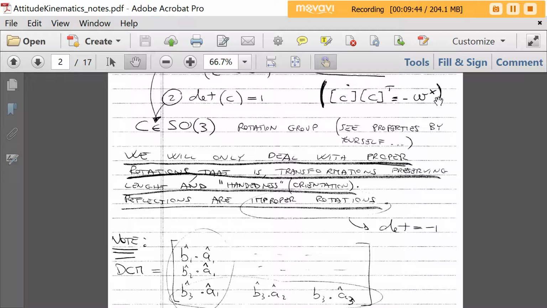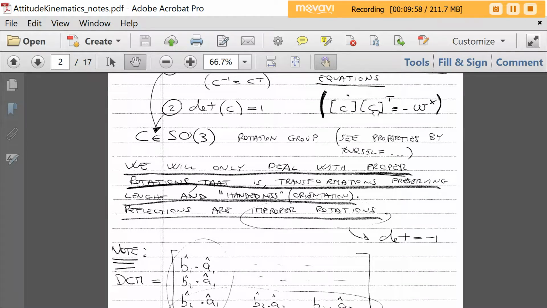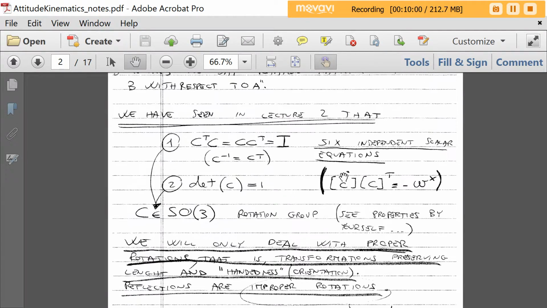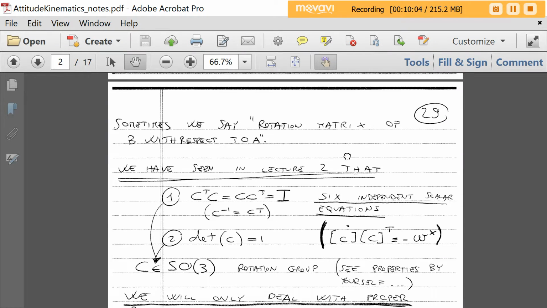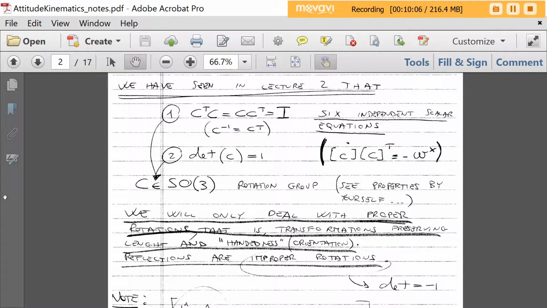It's a very simple reorganization of the components 1, 2, and 3 of the vector x, y, and z so that you form a matrix which is skew symmetric, so zeros on the diagonal. But the bottom line is that this could be the end of the story. These are 9 differential equations that give you the time derivative of each of these numbers, these cosines of the direction cosine matrix, that you can absolutely integrate in time.